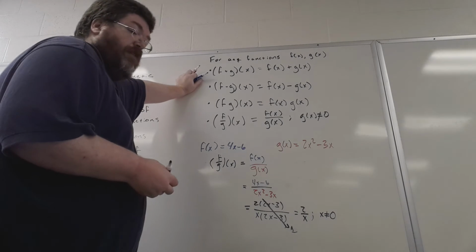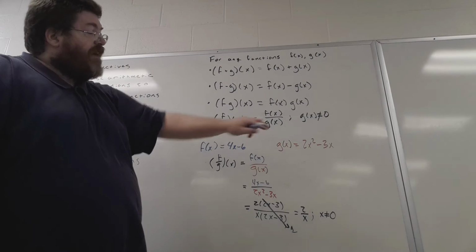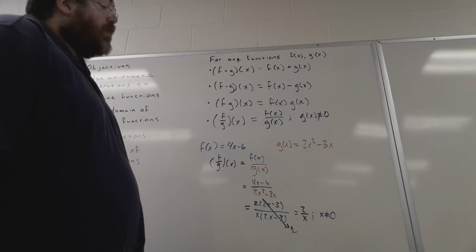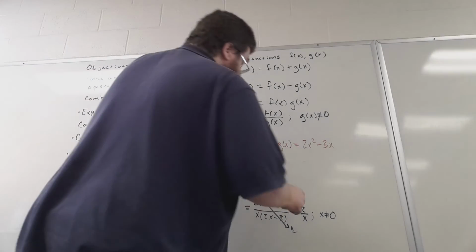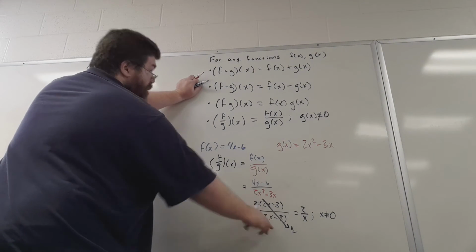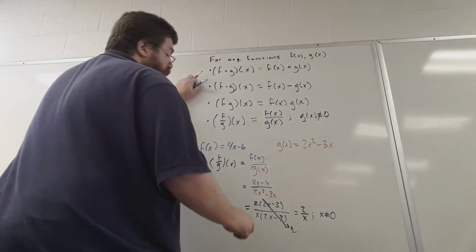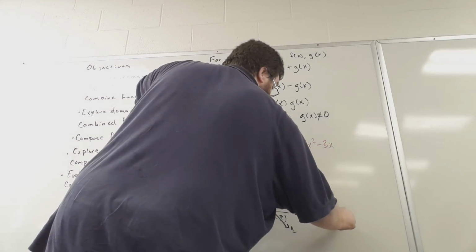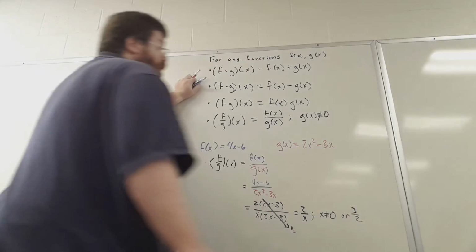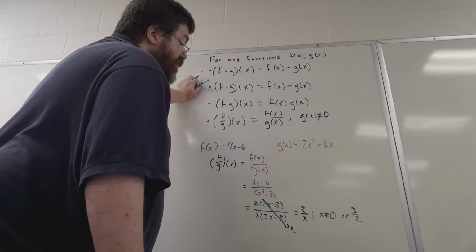We need to look at excluded values from our original form too. So we need every value where g of x equals 0. We need to exclude all of those. And it turns out that when we, I'm going to use the bad word, canceled 2x minus 3, we can't have that factor equal 0 either. So x can't be 3/2.